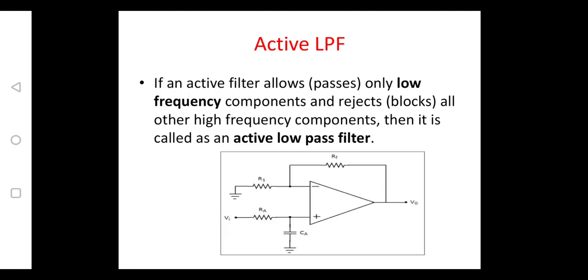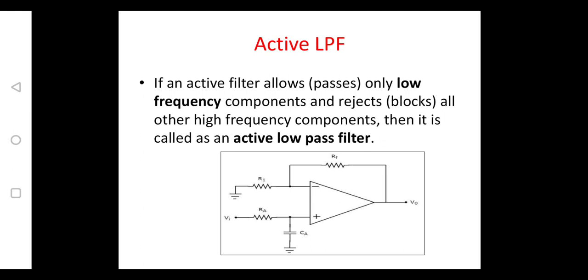Coming to the first one, low pass filter. The name itself indicates it should pass the lower frequency components, that is less than the cutoff frequency, and frequencies greater than the cutoff frequency value should be rejected. Ideally, there is no differentiation between stop band and pass band.